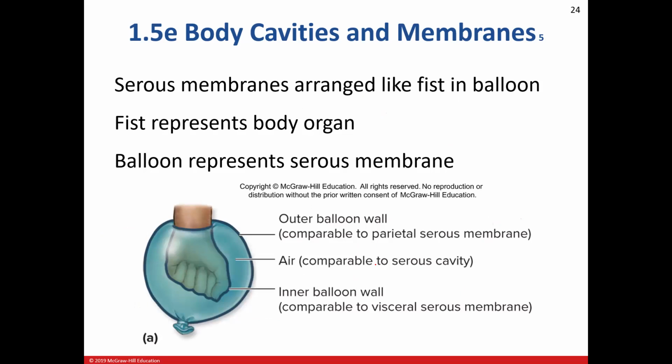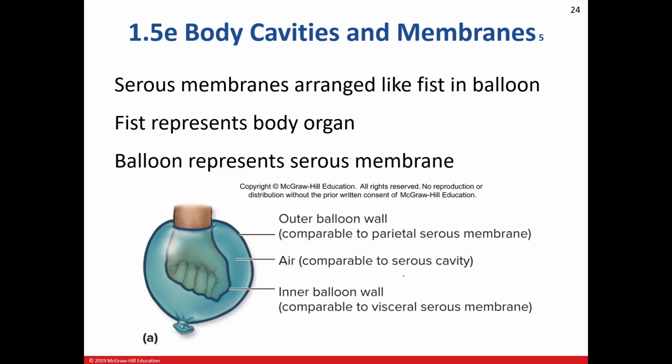Very important. So a good example that I like to show folks when we're talking about body cavities and the membranes here is taking a balloon and pressing your fist into the balloon. I want you to think of the fist as the organ.